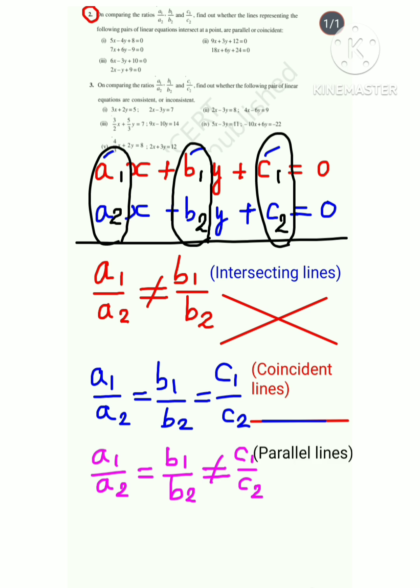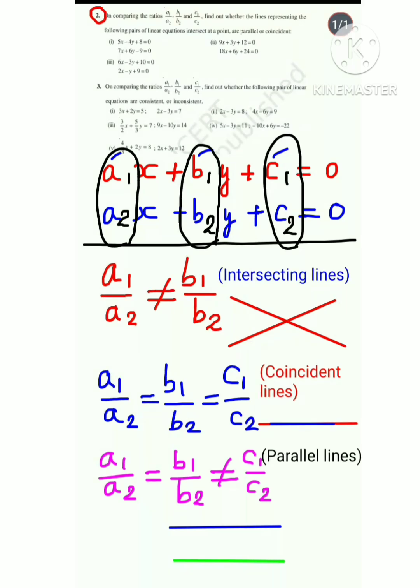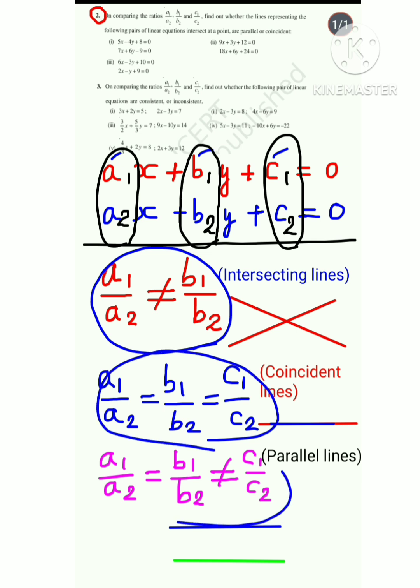Okay, it means the lines that we draw in the graph will be parallel to each other like this. Okay, now simply by comparing these ratios we have to solve this given question.